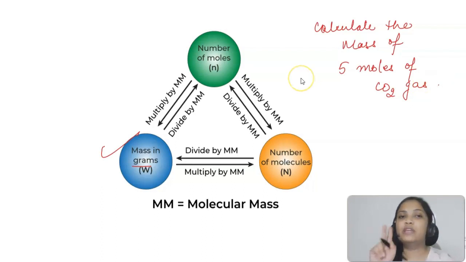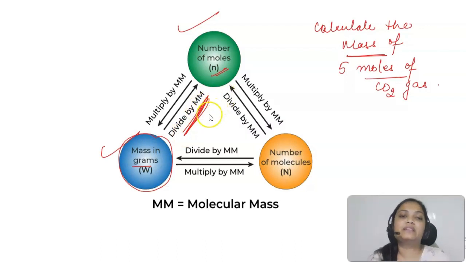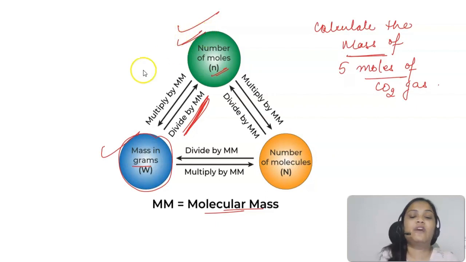What are the two things involved? Mass and number of moles. So we will use these two. Now from mass, I have to go to number of moles. See this arrow? You will have to multiply or divide with M M. Now what is this M M? This is the molar mass. What we are given here is the 5 moles.